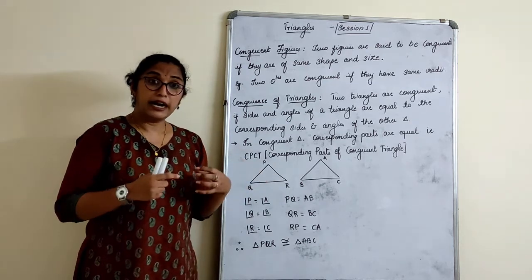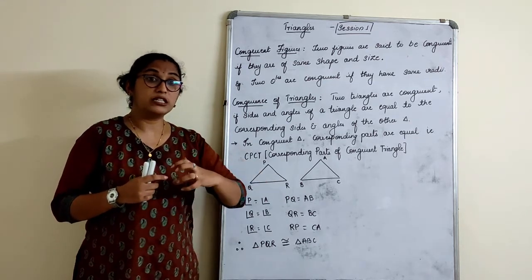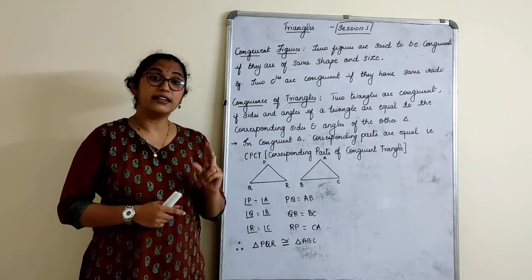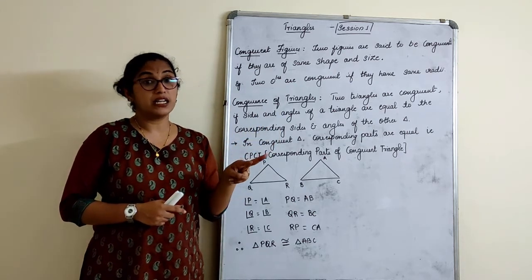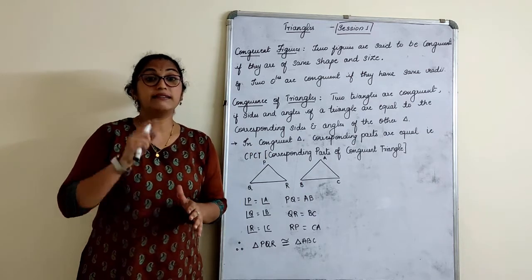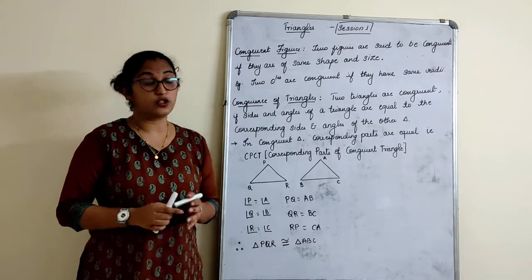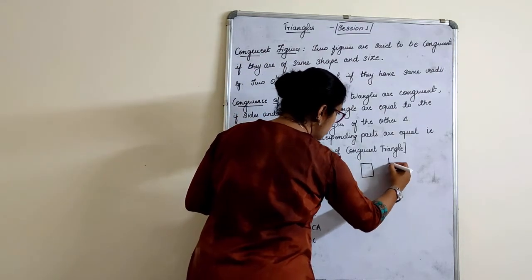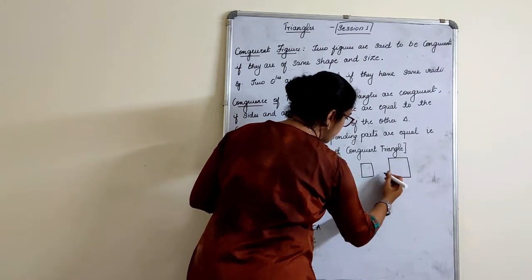Now, there is always a confusion between congruent figures and similar figures. I can say that two squares are similar, but if two squares have to be congruent, then their side measure also has to be the same. Just look at this. This is a square which is similar to another square. Why?